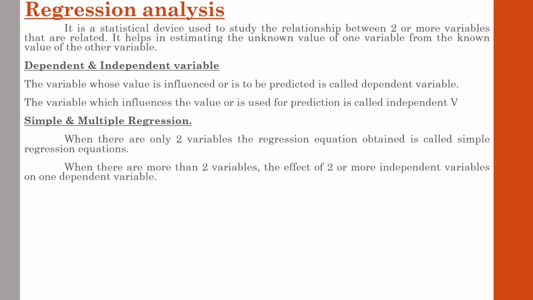So for the time being, suppose yield is depending on rainfall and temperature. Then we get the regression equation of yield, rainfall and temperature and the interrelationship between all these three variables.